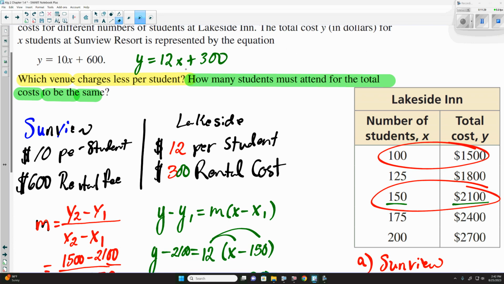Well, we said X is the number of students. Well, what's the Y value? Y is the dollars, the total cost, yes? So if we're saying we want to see when their total cost is going to be the same, we just need to see when these two sides of the equation are equal. They're the same. Set them equal to each other and solve.